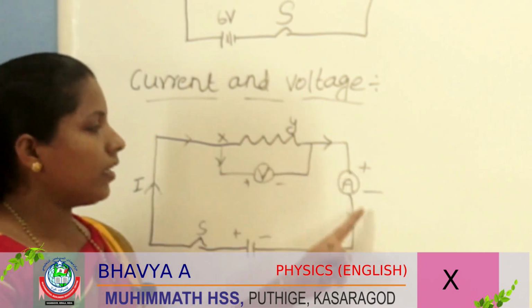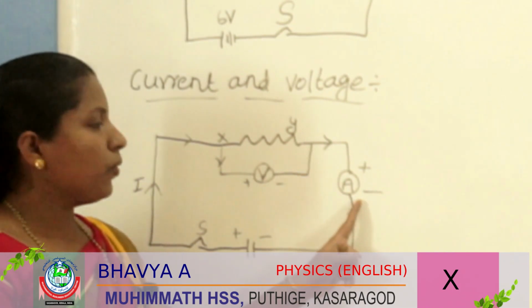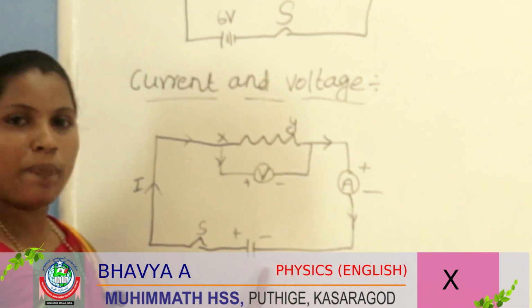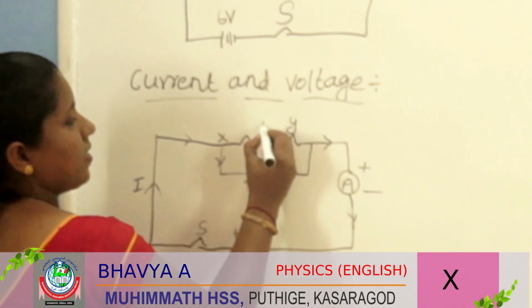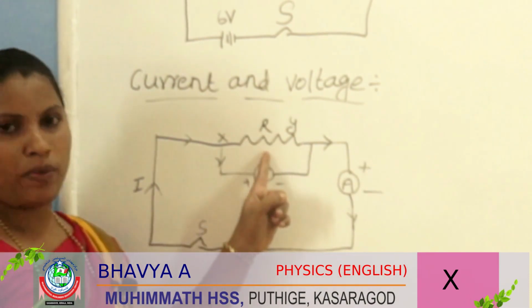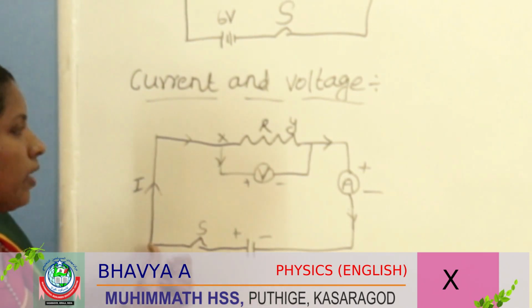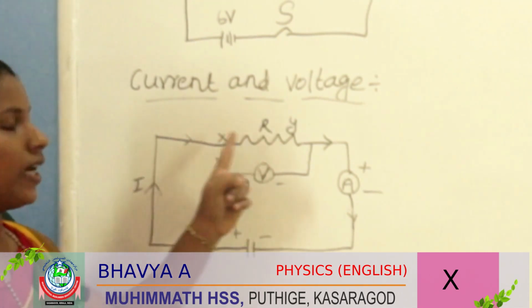Then here an ammeter is connected, which we use to measure the current. Then it is connected to a battery, this one is a switch, and this represents our resistor, a nichrome wire connected here. So if you pass electricity, current in the battery passes through here, no?